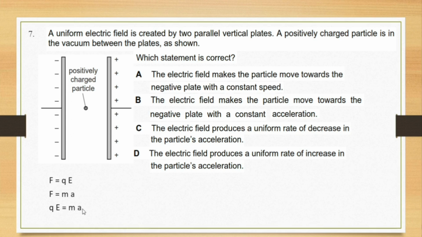So there will be acceleration due to that force, Q times E. So I guess here the charged particle will move, but not with a constant speed, because we have a constant acceleration. So the electric field will make the particle move towards the negative plate with a certain constant acceleration. So the answer is B.